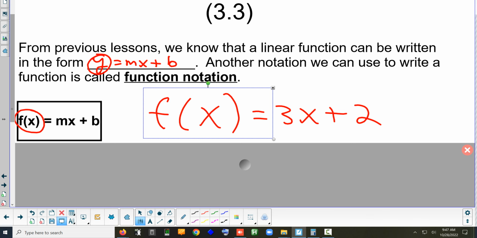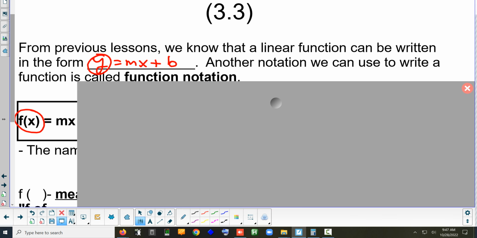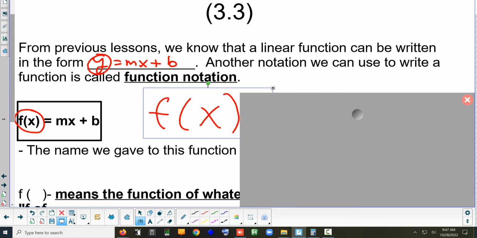So before you even see what's under the gray box, I already know that it's going to use the letter x because they're telling me right away. That's basically why we use that notation. Just tell somebody what the variable is going to be that's coming up.